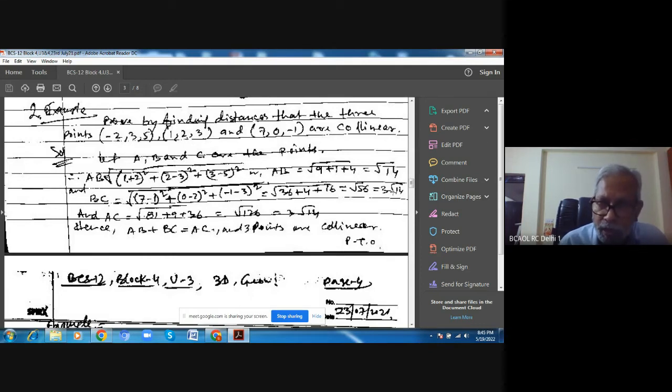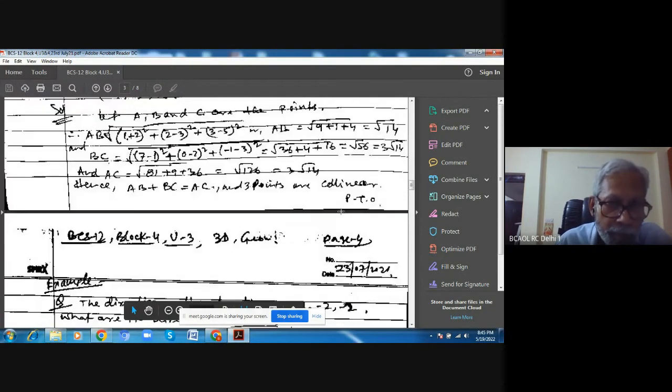All the values are in linear fashion. So we can say all 3 points are collinear. That's all. There are 3 to 4 steps. You only take the values from here, and only the distance formula you are utilizing, proving that it is collinear. So 5 marks.